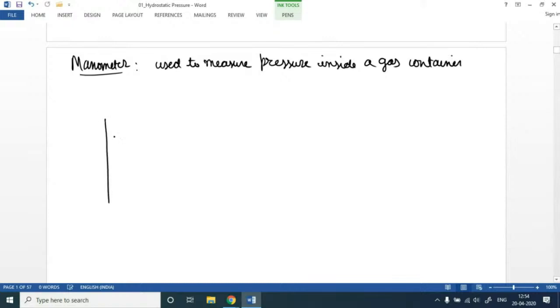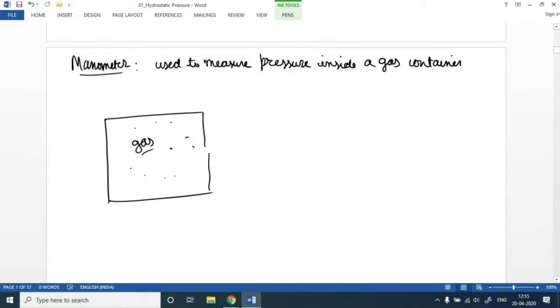If we have some gas in a container, it is going to exert some pressure on its wall, and we want to measure this pressure. One thing we would be assuming here is that the gas's density is so small that the vertical pressure variation which we have just seen will be negligible.